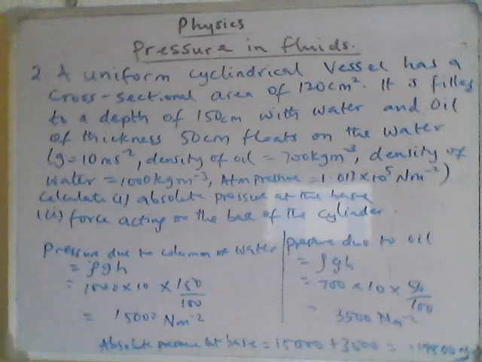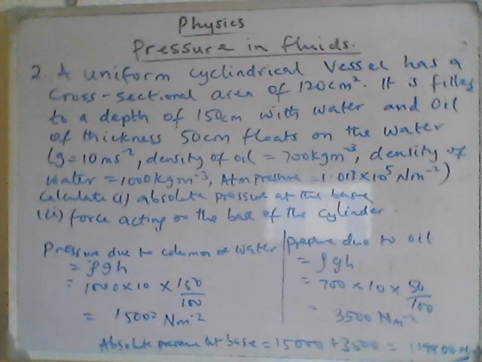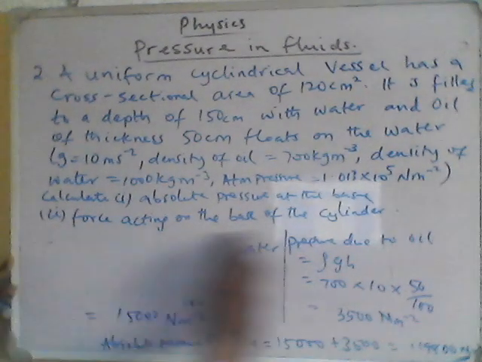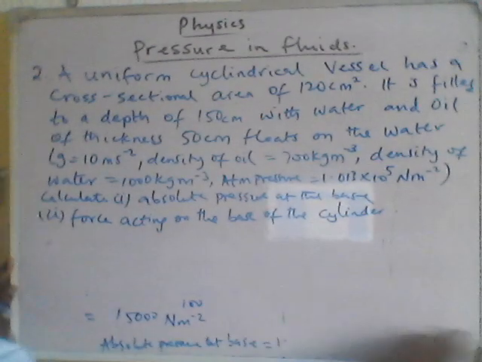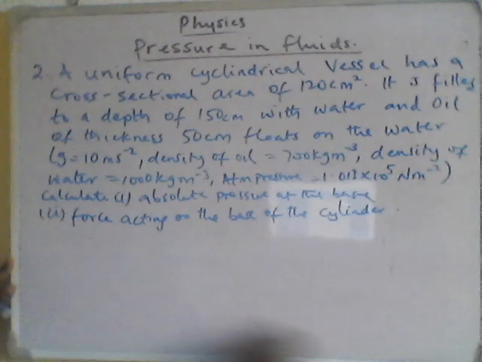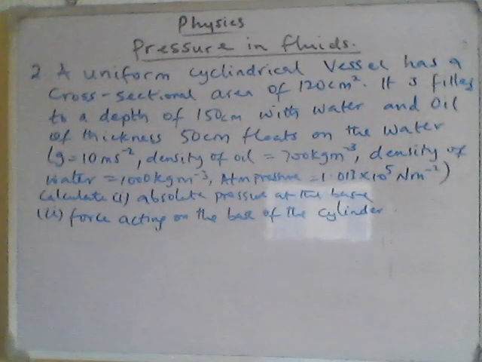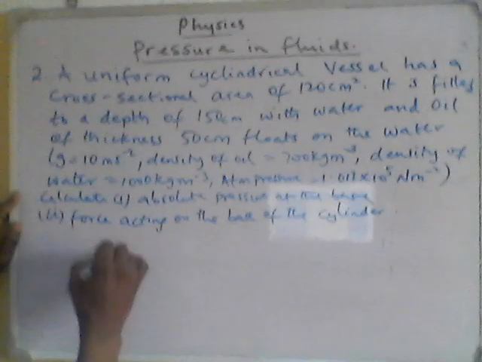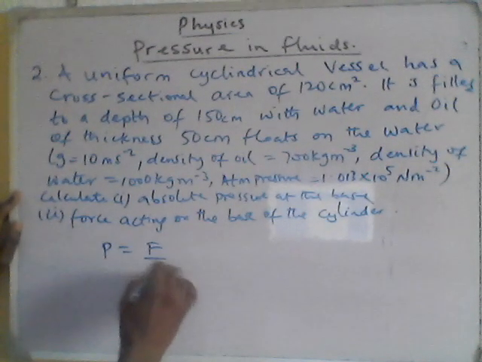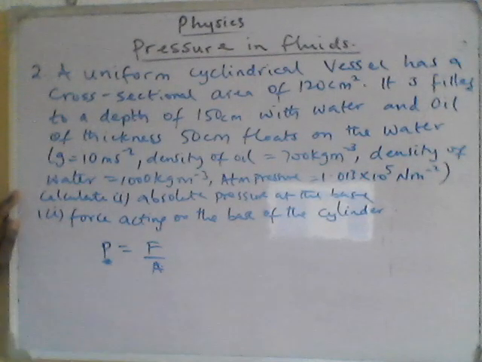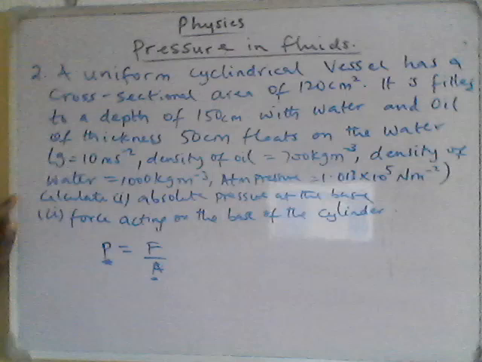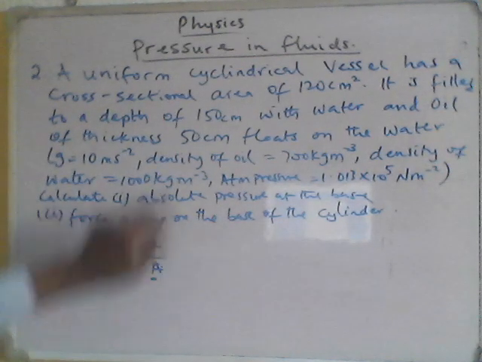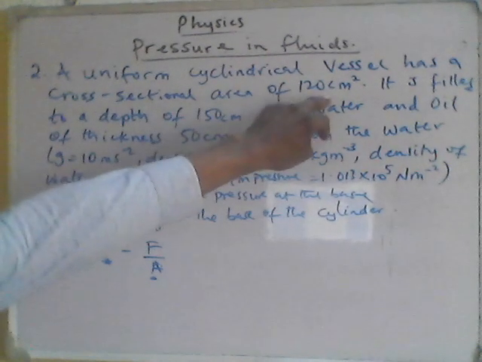Now the next question, number 2, says force acting on the base of the cylinder. So for this one, we'll need to consider the area, because pressure is equal to force over area, and we have gotten the pressure from the first question, and the cross-sectional area is given.